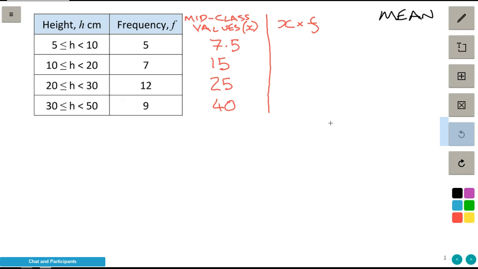Now at this point I could get out my calculator and do those calculations, but I think this is a good opportunity to do some calculations by hand and look at some tricks for speeding up calculations. So 5 times 7.5 to begin with. Well, the easy way to multiply by 5 is to multiply by 10 and then divide by 2.